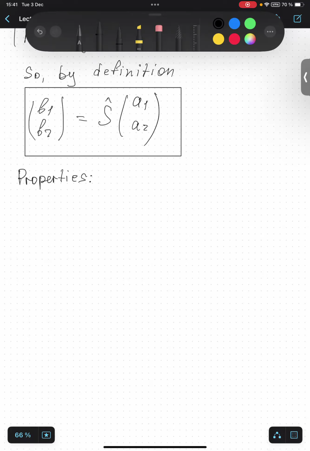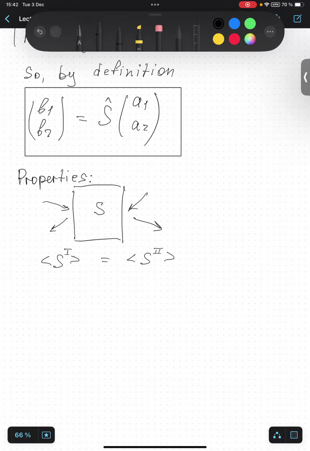So properties. Let's say that, for example, in our system, in this so-called box here, there is no loss of energy. So the energy is conserved in such a system. Then we can write that the Poynting vector in the first region is equal to the Poynting vector in the second region, because energy is conserved.